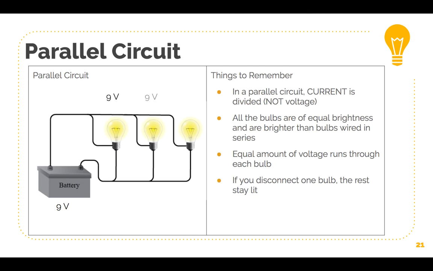And if we're trying to determine the voltage of each LED or light bulb in this circuit, they'll all be 9 volts, because you're not dividing voltage within this circuit, you're dividing current. So there is more power getting to each bulb in this circuit, hence why they are brighter than bulbs wired in series.